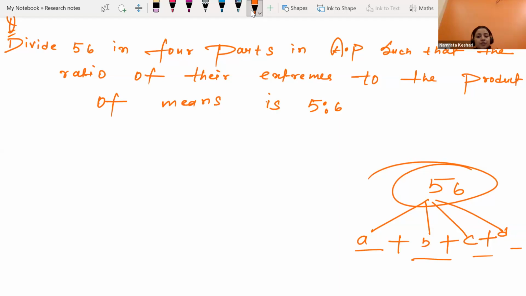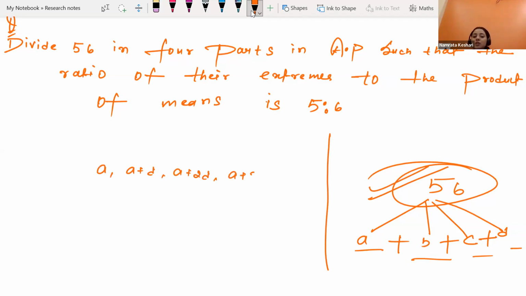Whenever you have to assume 4 terms which must be in AP, as I told you in the last class, we will not take the general form: first term A, next term A plus D, next A plus 2D, and next A plus 3D.